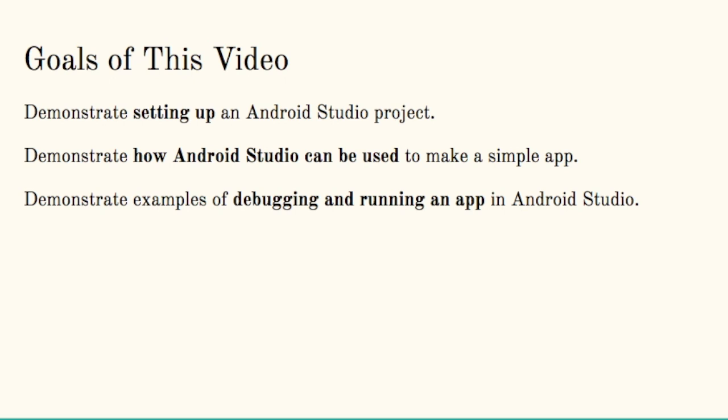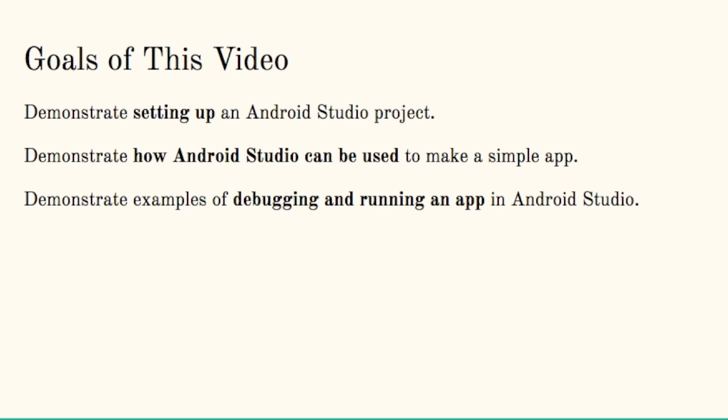Before you move on to the next video in this series, let me review some important points in this video. For instance, the first thing that we demonstrated was setting up an Android Studio project. Some details of that should be pretty important for coming projects, like where your project is actually being saved and what API level you selected. The second thing that I demonstrated was the typical places that you're going to be moving around in Android Studio.